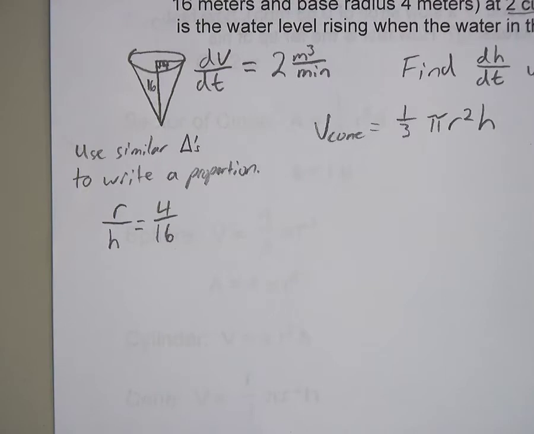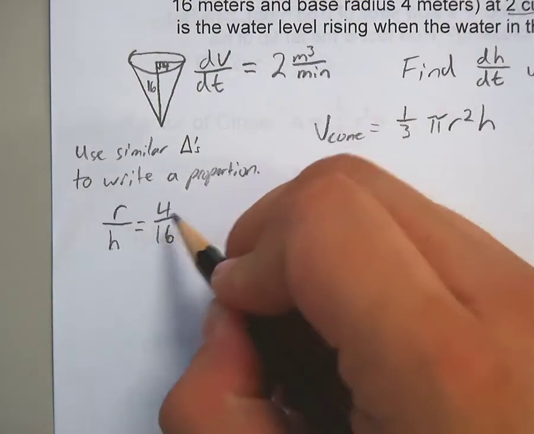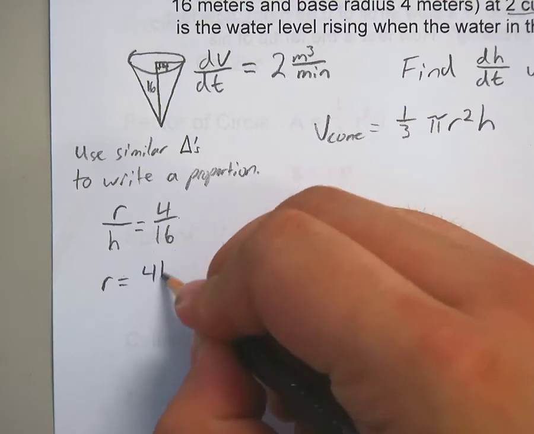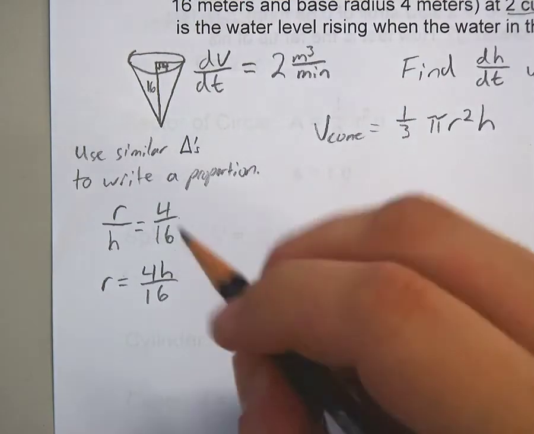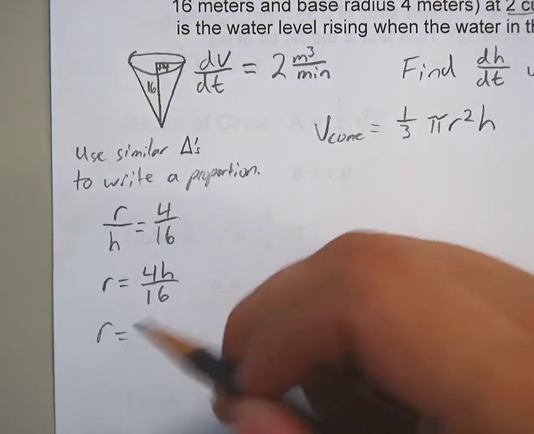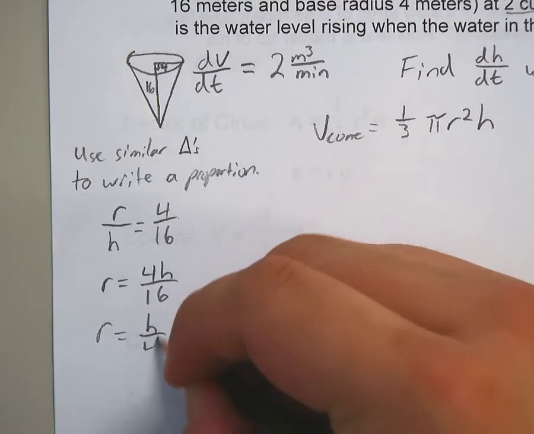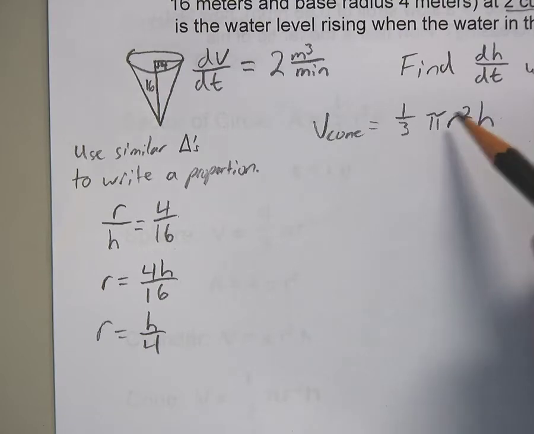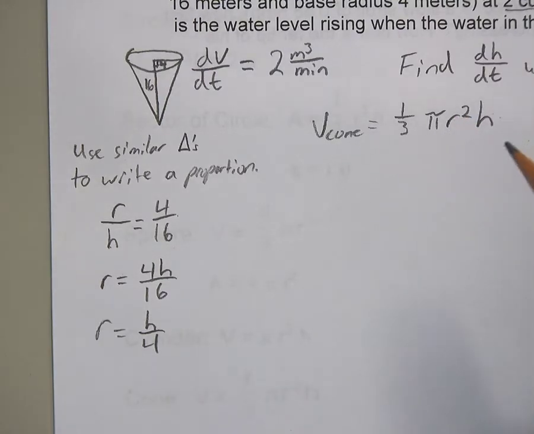So I can solve for r multiplied by h here. R is 4h over 16, or simplified, r is h over 4. It's a ratio, right? The reason why I'm doing this is because I have two variables right here, r and h. I've got two variables, but I need to get rid of one of them.